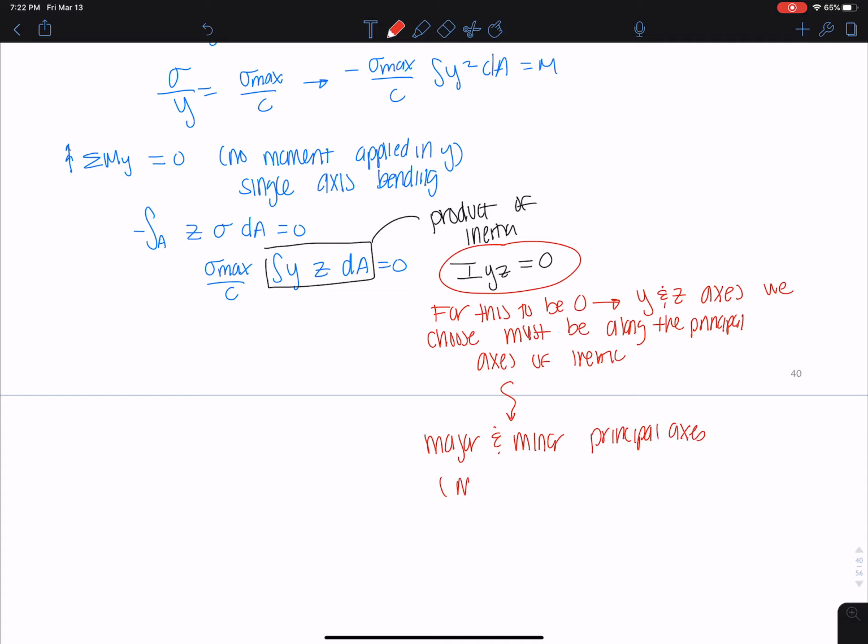And basically that's the maximum and minimum moment of inertia for a cross section. We need to choose those so that the maximum and minimum moment of inertia for a cross section are the y and the z, and we call these I major and I minor.